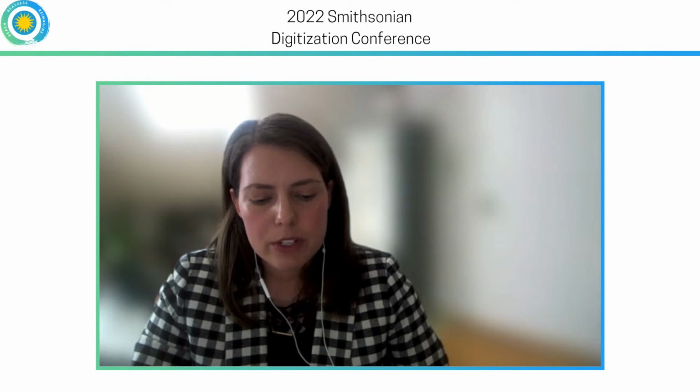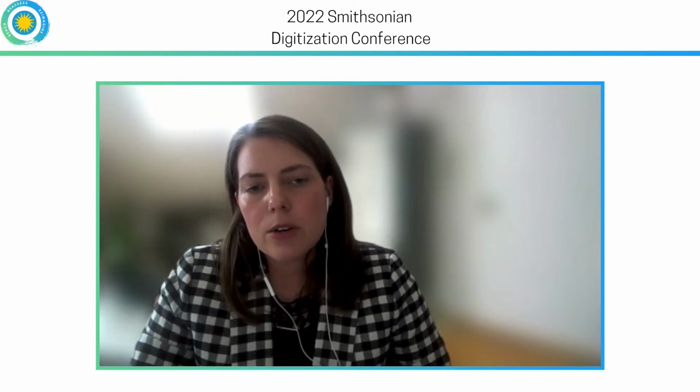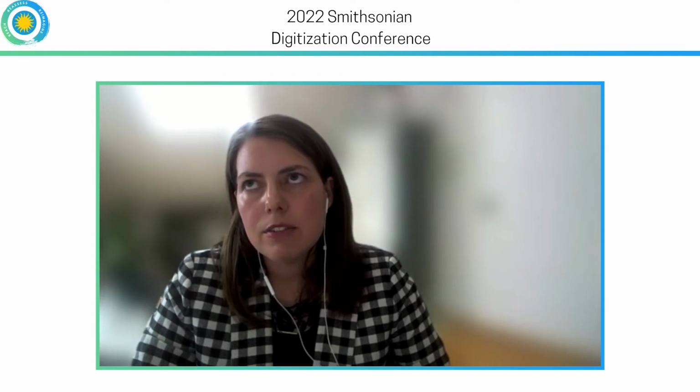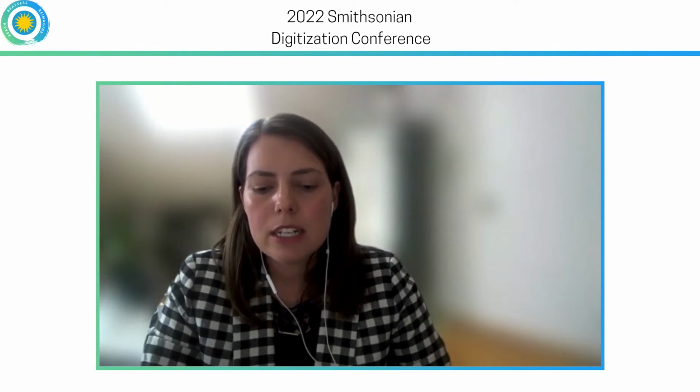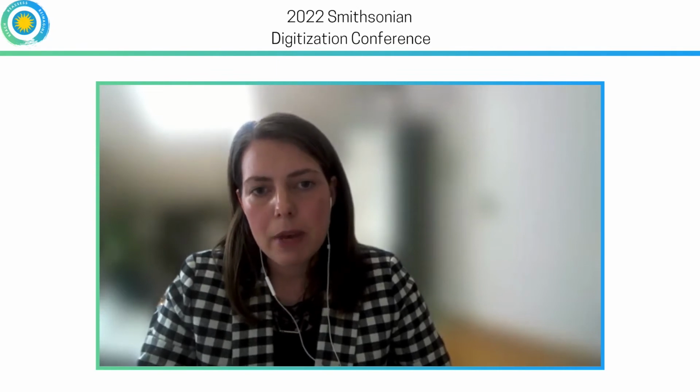Another question that we received, would you change something in how the collection is stored to make digitization easier? That's kind of difficult. The standard for most insects is that they are dried specimens that are pinned with the labels stored below.